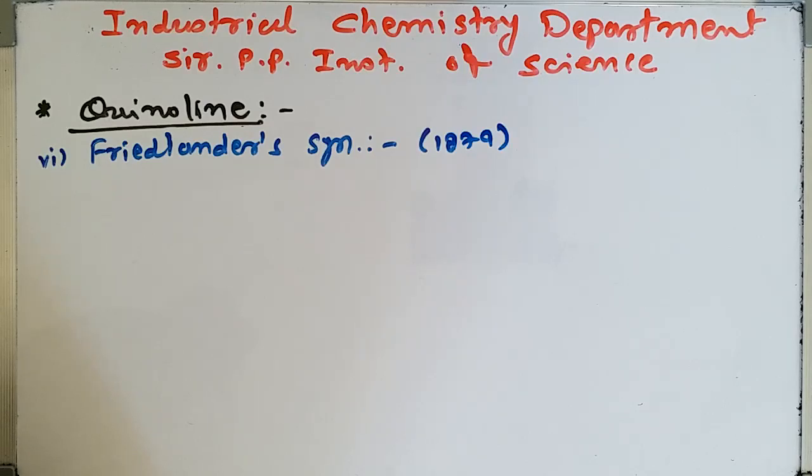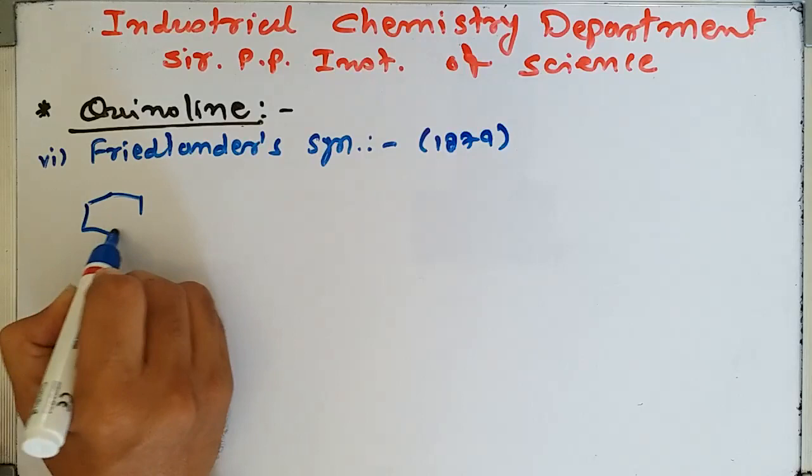So we get quinoline derivatives. In 1879, Friedlander gave this method, so it is known as Friedlander's synthesis.